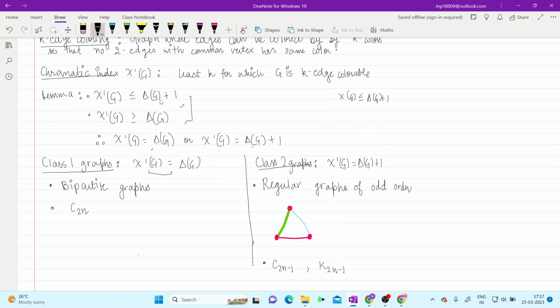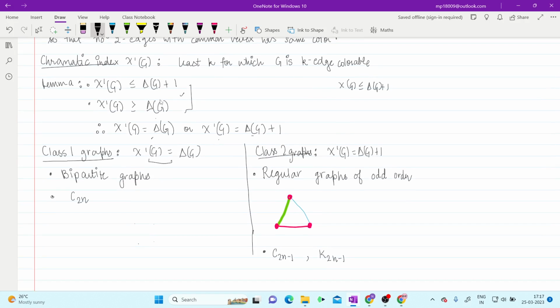And so this was a theorem in class that a bipartite graph is a class 1 graph, that is, for bipartite graphs the chromatic index always equals the maximum degree. And for even cycles also, in particular, we can see that even cycles are also bipartite graphs, so it is just a particular case of bipartite graphs.